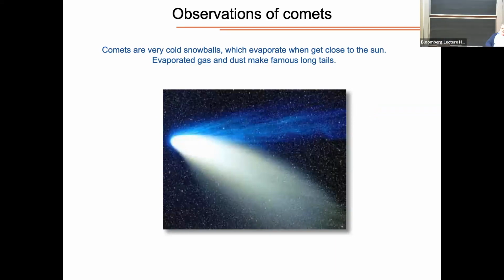It's a snowball that goes along a highly elliptical orbit, gets close to the sun at some point, and then there is sublimation because of the heat, there is a dust tail, there is a gas tail. The temperature of this system is very small. It's basically as cold as space, we can say. Catchy words: 20 Kelvin, 30 Kelvin, 100 Kelvin maybe. Not much.